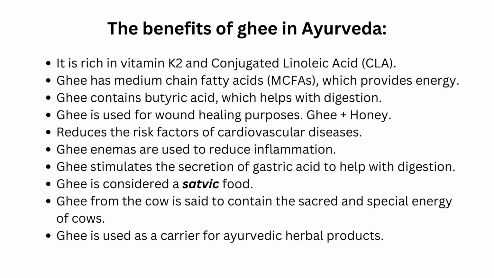Conjugated linoleic acid or CLA is an antioxidant with antiviral and anti-cancer properties. This CLA is only found in grass-fed ghee. In grain-fed ghee, CLA will not be present in significant amounts.